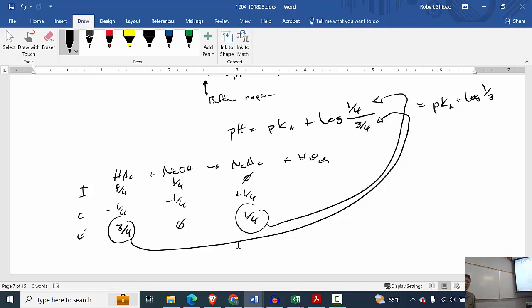This is log of 1/3. Do you know what the log of 1/3 is? It's minus 0.677, if I recall. No, I better double check that because it's been a while. Log of 1 divided by 3. Negative 0.477. Yeah, it's been a while.